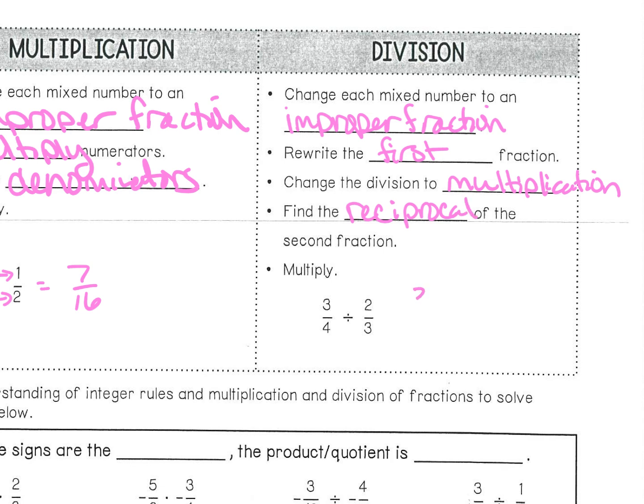So this becomes 3/4. We change this to multiplication, and then we flip this one. Then you multiply straight across. So it becomes 9 over 8, which is also 1 1/8.